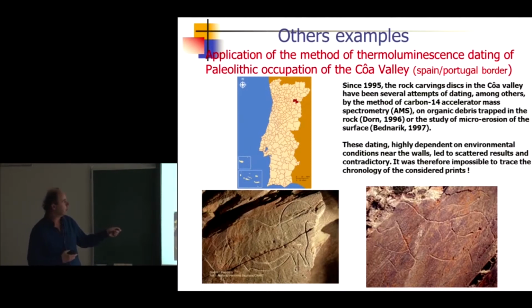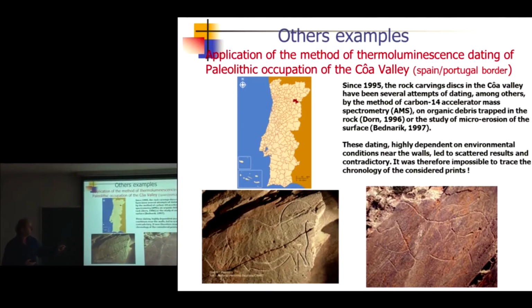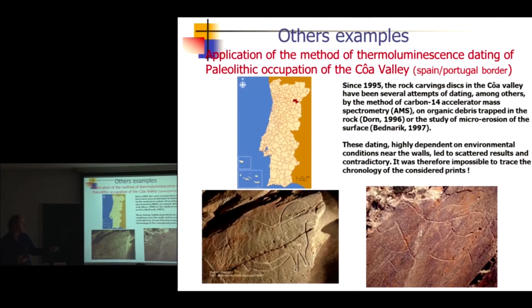Several techniques were used: carbon 14, mass spectroscopy, and so on. But it was very difficult to date, quite impossible. It was impossible to get a reliable age for this.